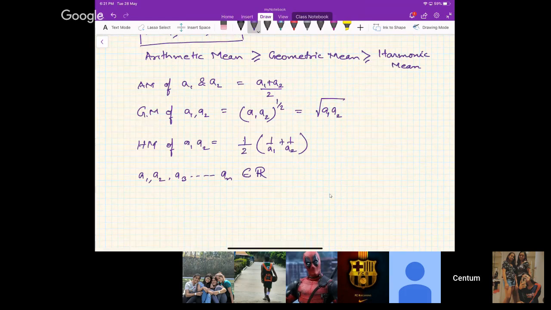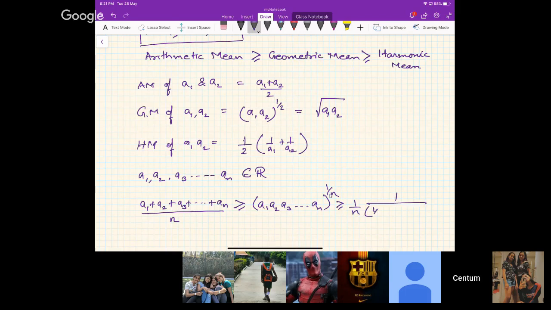Then a1 plus a2 plus a3 plus dot dot plus an whole divided by n, the arithmetic mean, is greater than or equal to a1 a2 a3 dot dot an whole to the power 1 upon n, the nth root, which is greater than or equal to the harmonic mean. I'm sorry, let me be careful with what I'm trying to write for the harmonic mean.